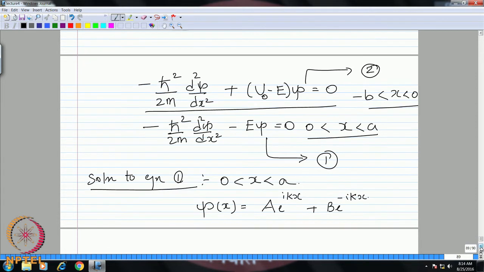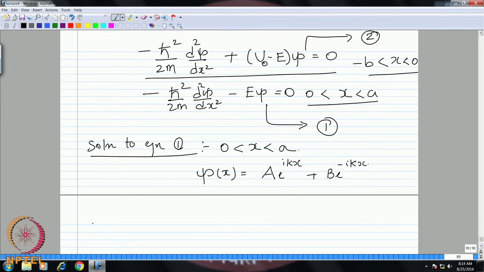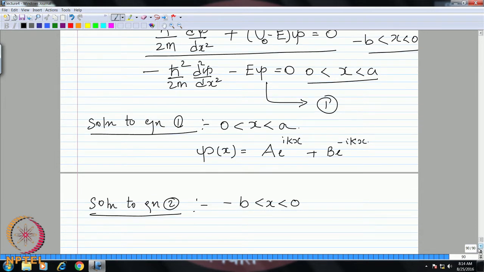And therefore, if you look at the solution to equation 2, this is the region beyond the potential barrier, potential constraint. Okay. So, the electrons, if with energy greater than u naught, can basically escape the potential constraint and they can move about freely. Okay. So, in this particular case what is the solution to equation number 2?